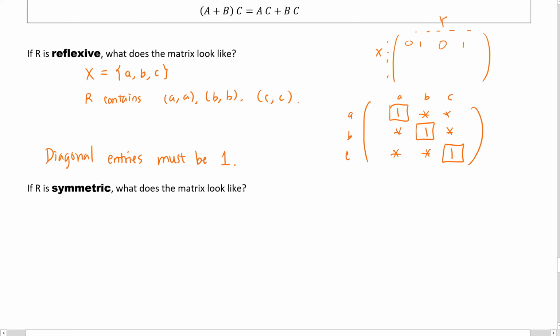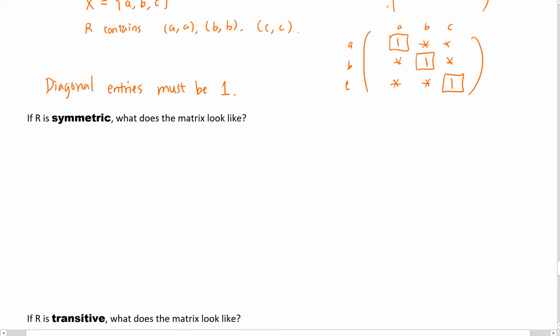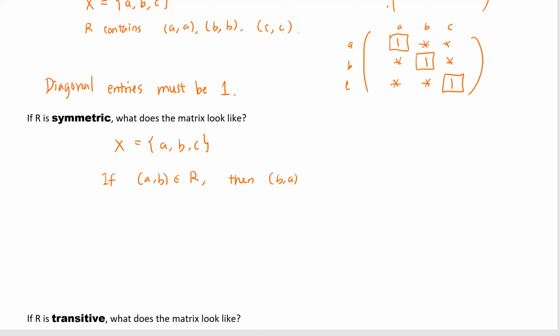Next, if R is symmetric, what does the matrix look like? Similarly, let's say X is ABC, and if AB is in R, then because R is symmetric, BA must be in R. What does that mean?